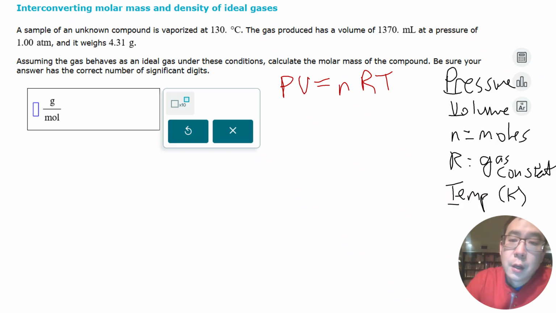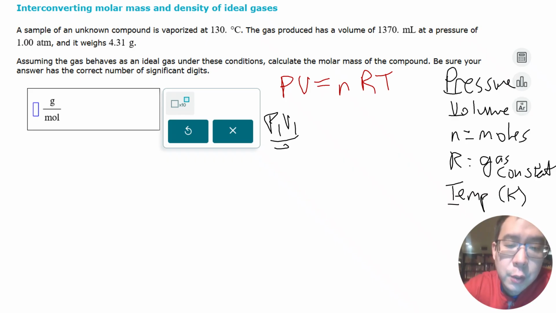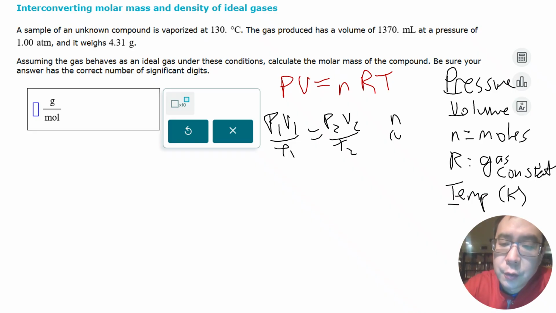Okay, and from PV equals nRT, we derive the other gas laws that we use mostly when conditions are changing. So we get P1 V1 over T1 equals P2 V2 over T2, right? And that's N is constant.